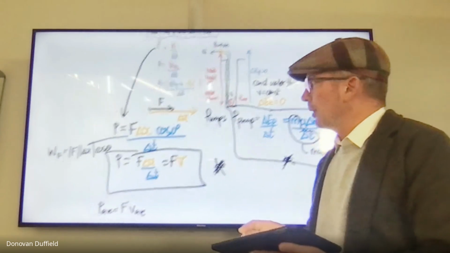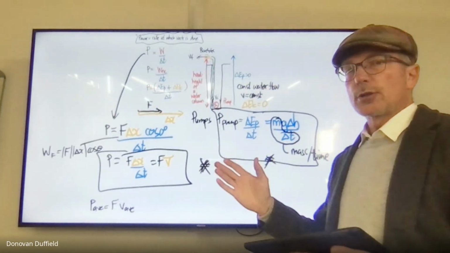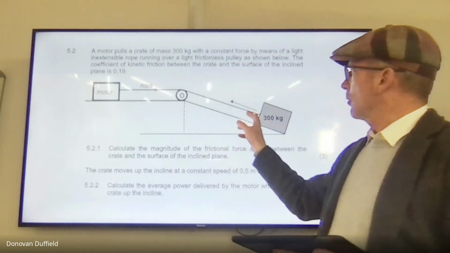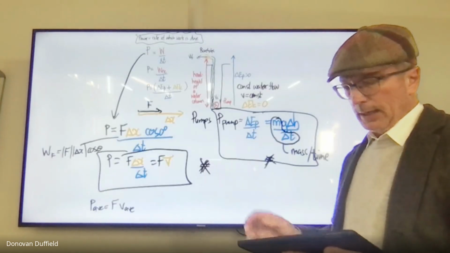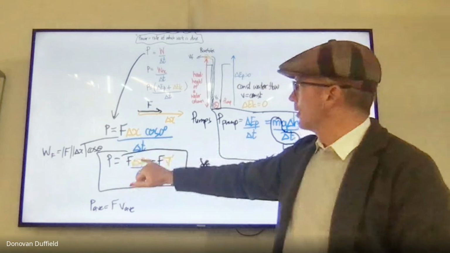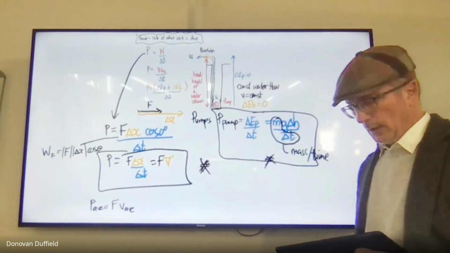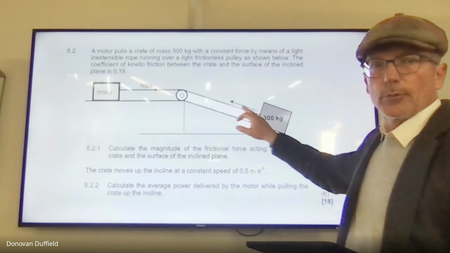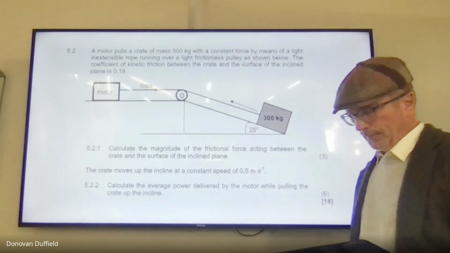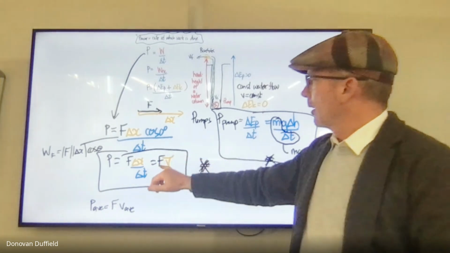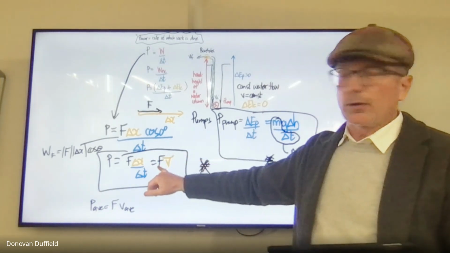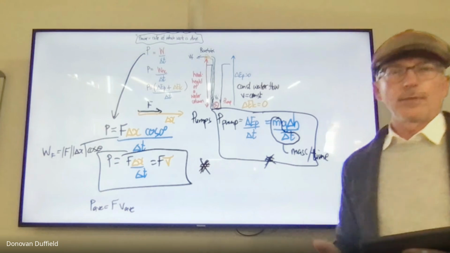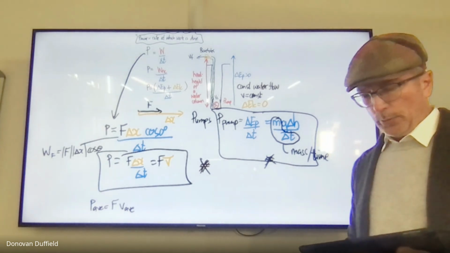Or we could also be working with a system which could not be a pumping system, for instance this, where you have a force acting in the direction of a change in position, as is the case here. You have a tension force pulling the object up in the same direction. Well, then you could be working with the applied force, the non-conservative force, times the average velocity. We will look at that a little later. But let's go back to pumps.